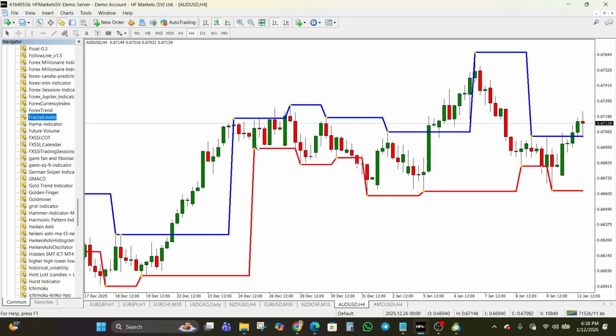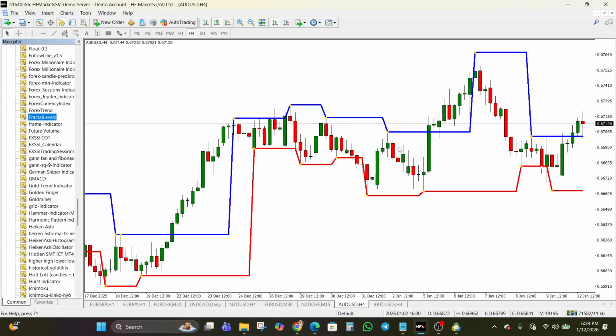Those are your points of interest. You might not necessarily need to execute a trade close to the dots, but those are the dots that are actually forming the lines.